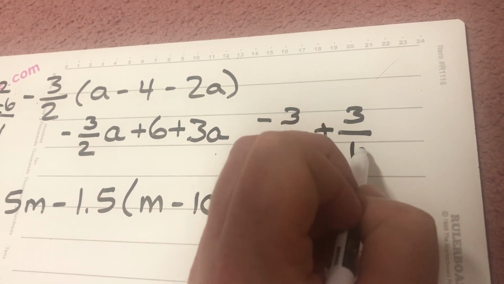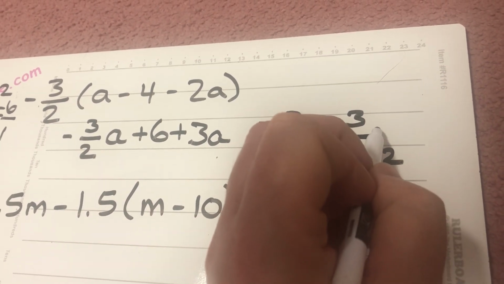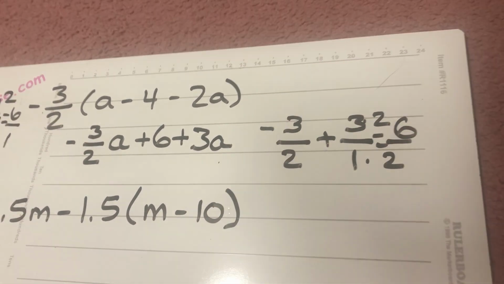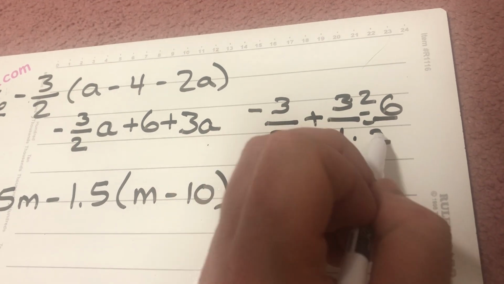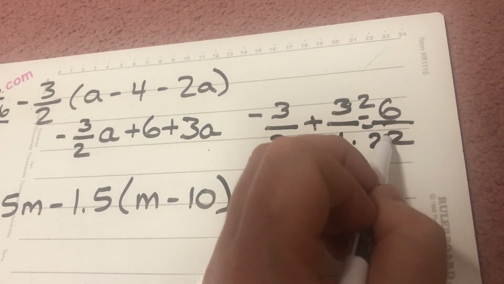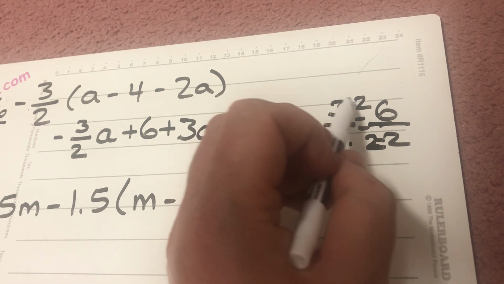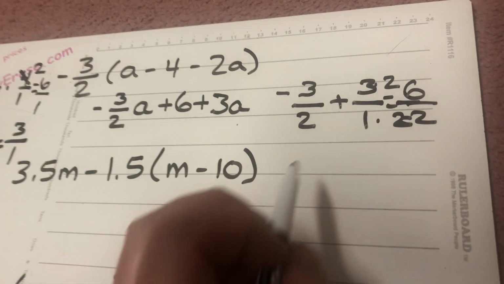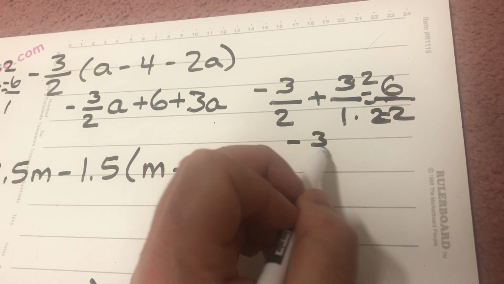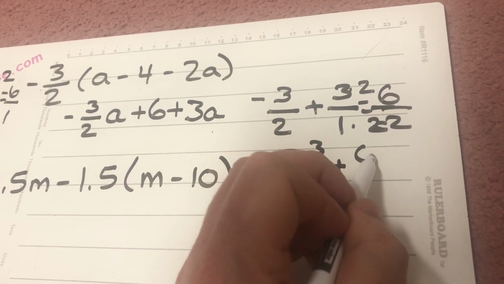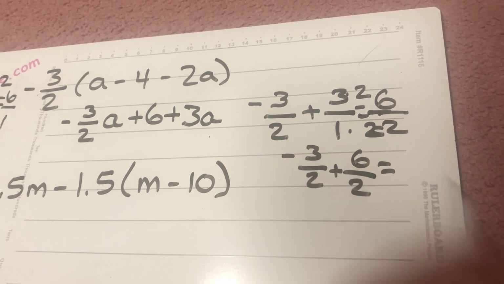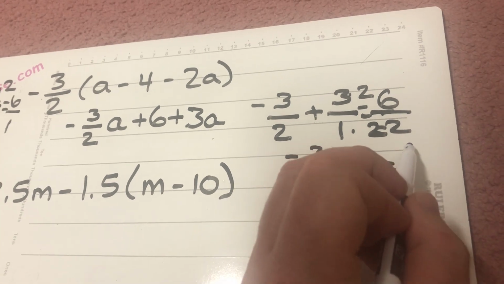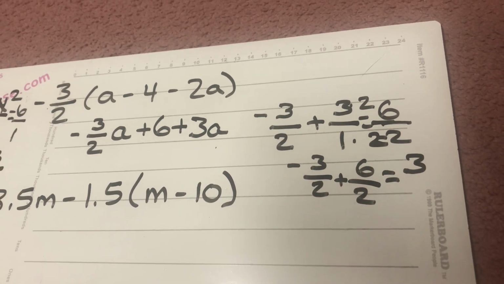I think I can make my 1 a 2 by multiplying everything by 2, and 3 times 2 is 6. So that gives me 1 times 2 is 2, 3 times 2 is 6. So that tells me I get 6 over 2. So that tells me that I end up with negative 3 over 2 plus 6 over 2. Negative 3 plus 6, I think, is 3. Okay?